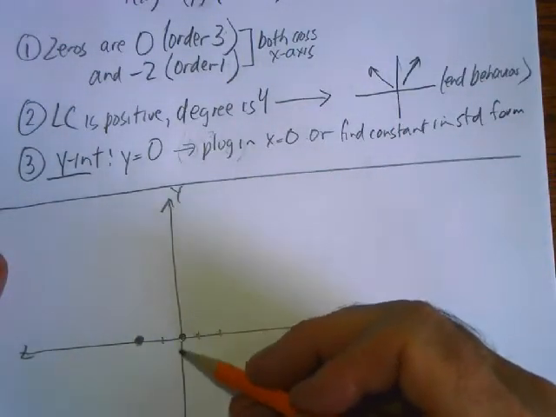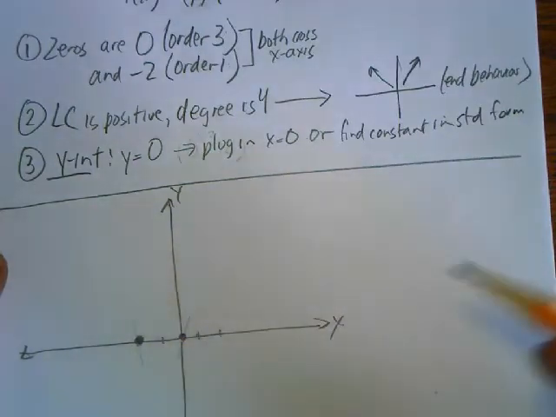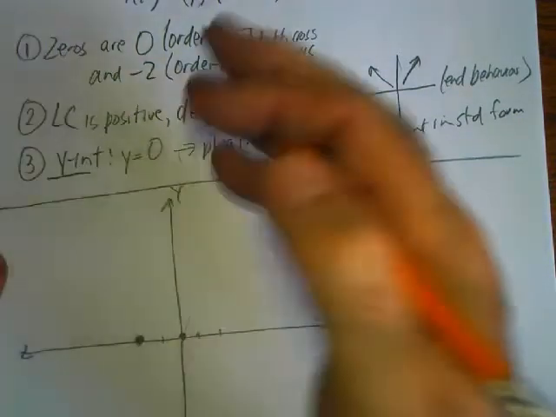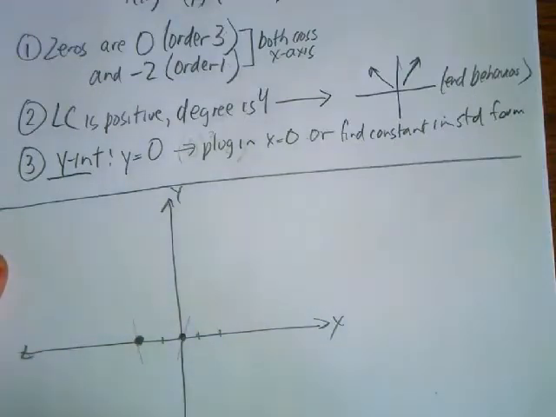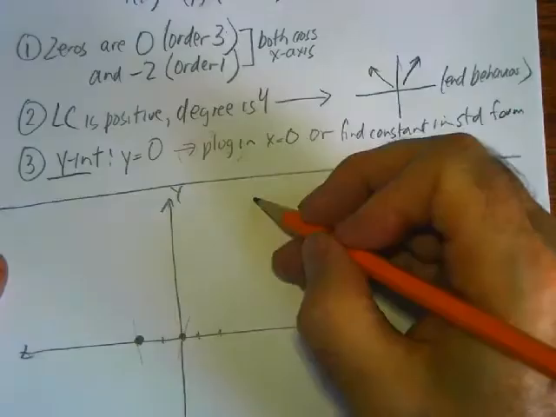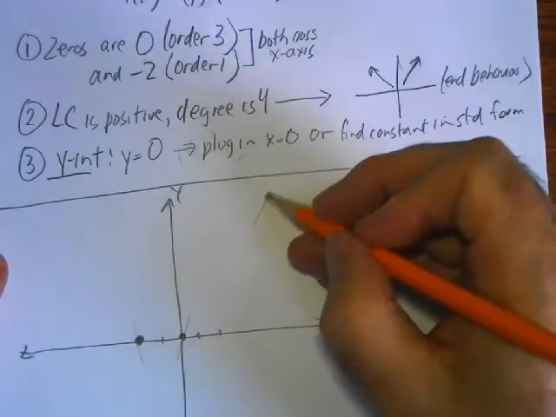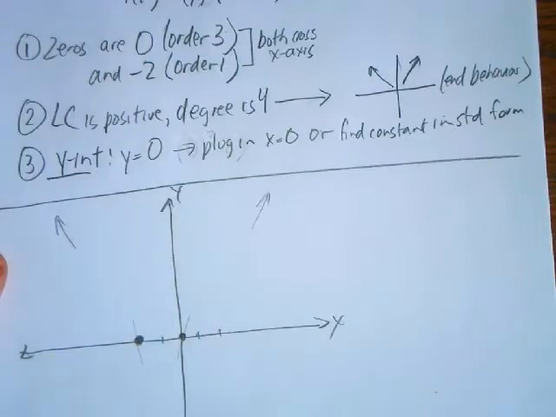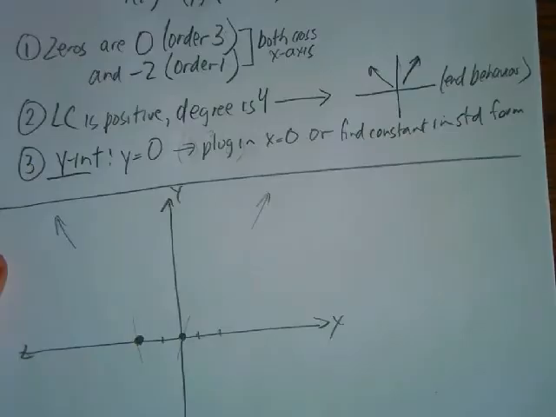So I'm just going to kind of put faint lines through here to remind me so I don't have to look back and determine the behavior, what's going on there. Now the end behavior tells us that we already know it's going to come up here on both sides.